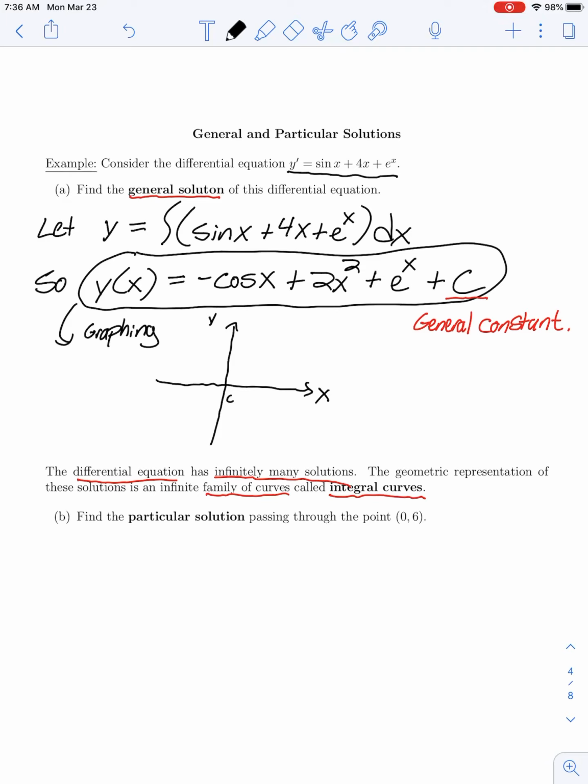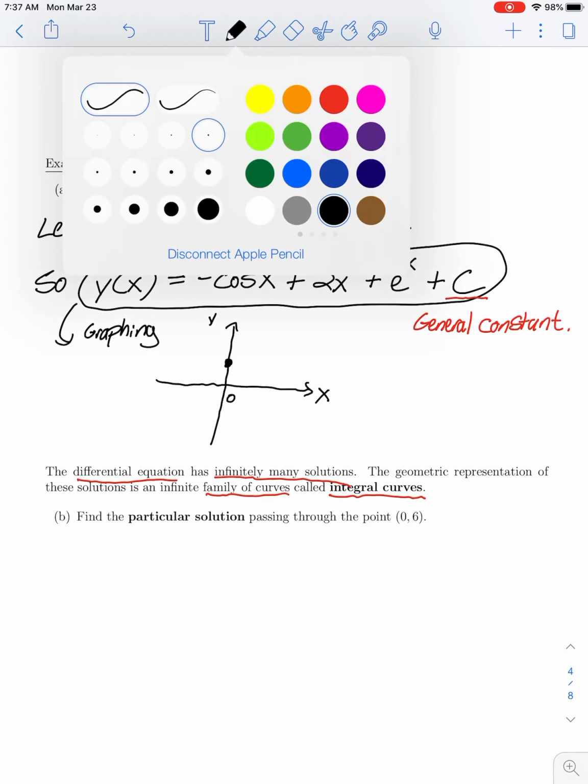If we chose, say, x as 0, our function would be negative cosine of 0, or -1, plus 0 plus e to the 0, which is 1, plus my constant. So when x is 0, y of 0 is whatever my constant c is.